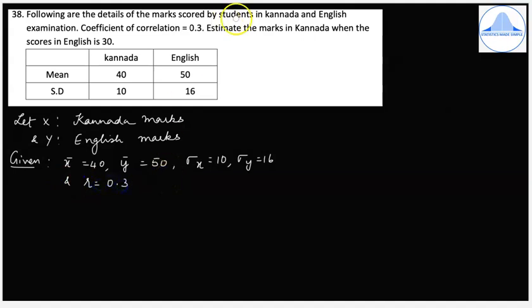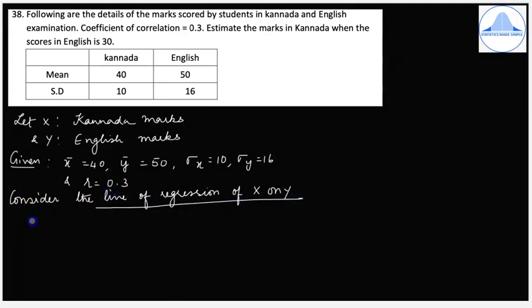Now because we have to find the value of X given the value of Y, that is we have to find out the Kannada marks given that the English mark is 30, we have to use the line of regression of X on Y. So let me next write, consider the line of regression of X on Y.